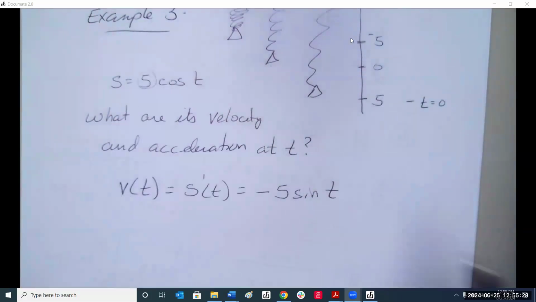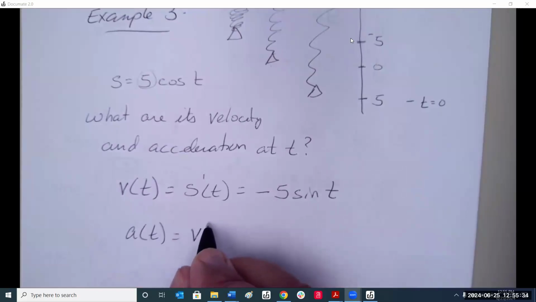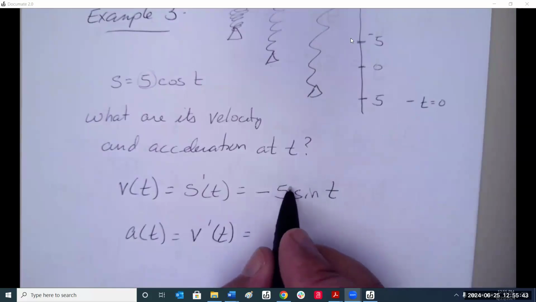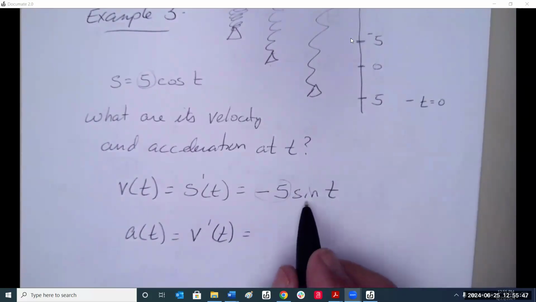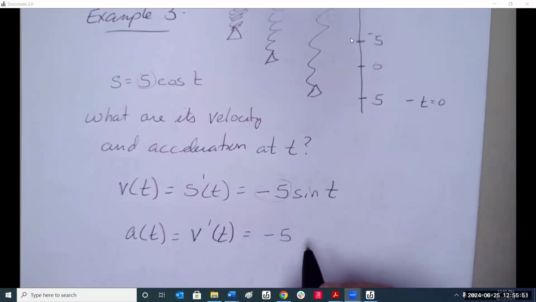The coefficients stay there. What is acceleration? It's the first derivative of our velocity. So our coefficient is -5. What's the derivative of sine? Cosine. And there we have it.